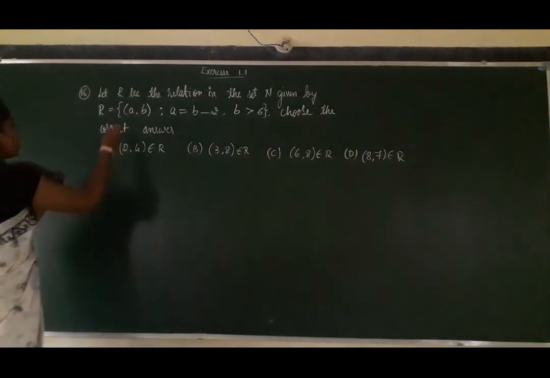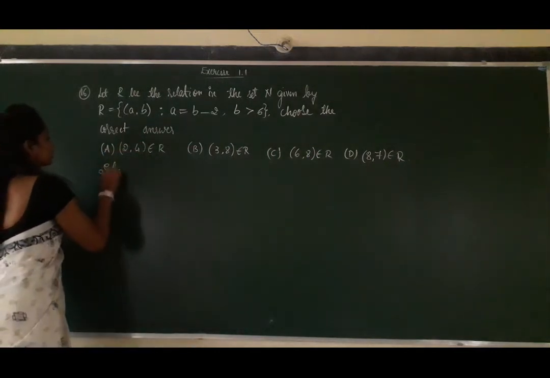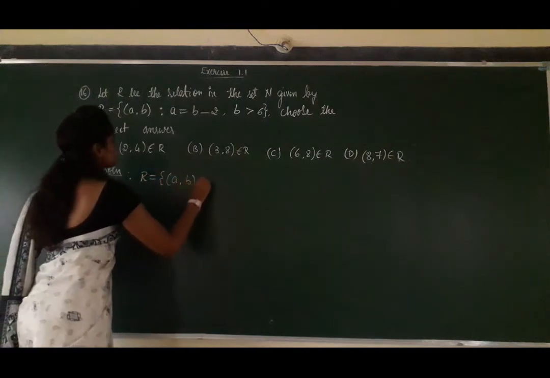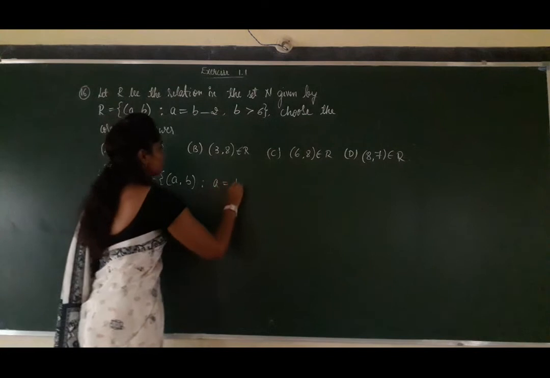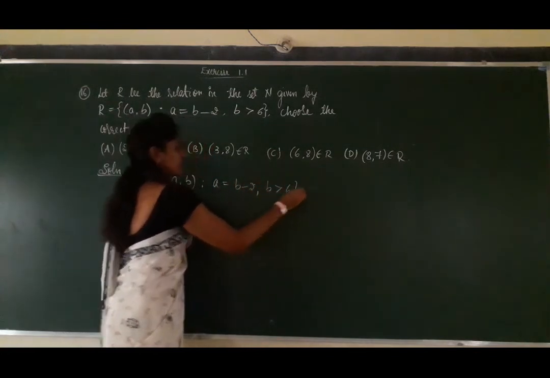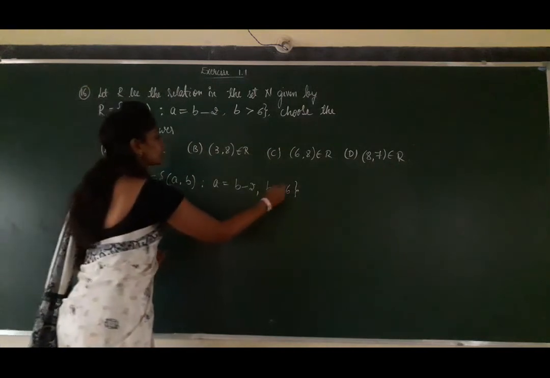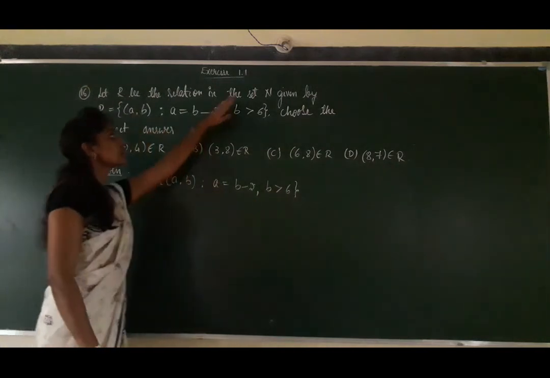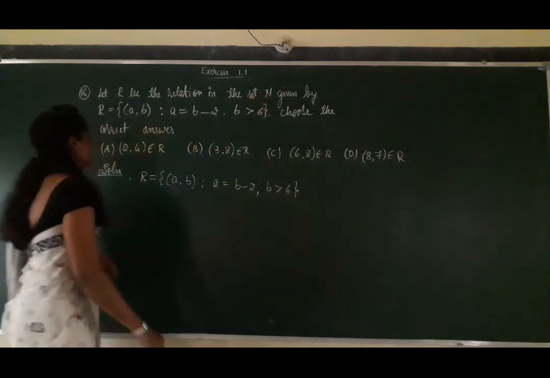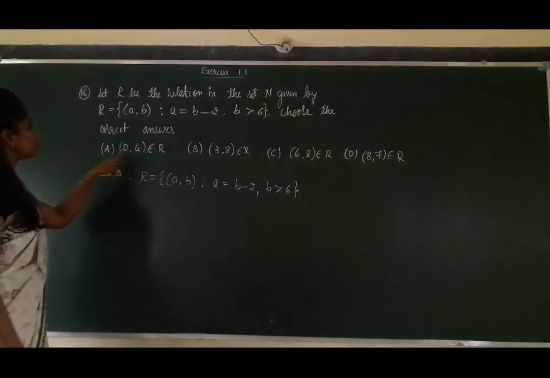Observe here, what is the relation? R is equal to the set of all ordered pairs (A, B) such that A is equal to B minus 2, where B value is greater than 6 and A belongs to the set of natural numbers. Okay? So the first option, what they have given?